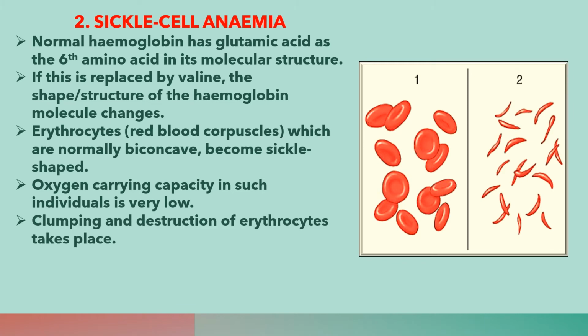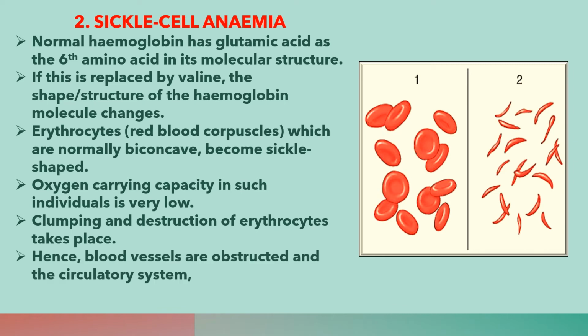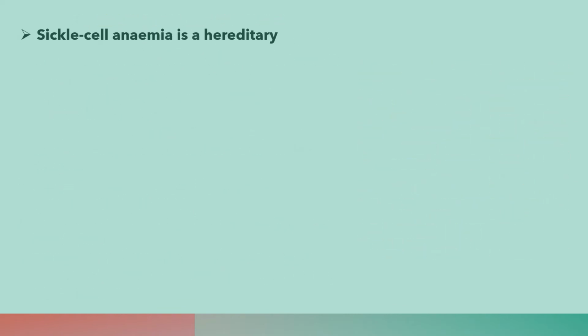Also clumping, that is getting together, joining and becoming a lump, and destruction of these blood vessels take place. Hence, blood vessels are obstructed. The circulatory system, brain, lungs, kidney, etc. are damaged. Now, sickle cell anemia is a hereditary disease. It comes from parents to the offspring.